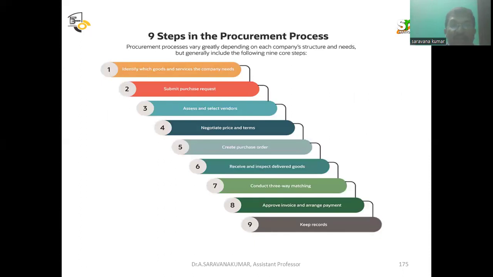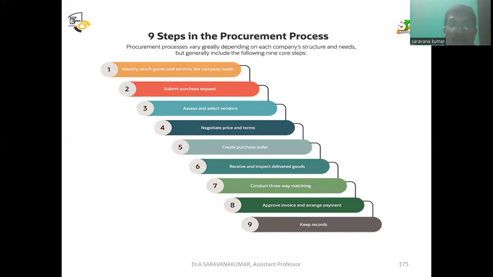There are nine steps in the procurement process. It depends greatly on each company's structure and needs, but generally includes the following nine core steps. First, identify which goods and services the company needs, submit a purchase request, assess and select vendors. Vendors are nothing but suppliers.